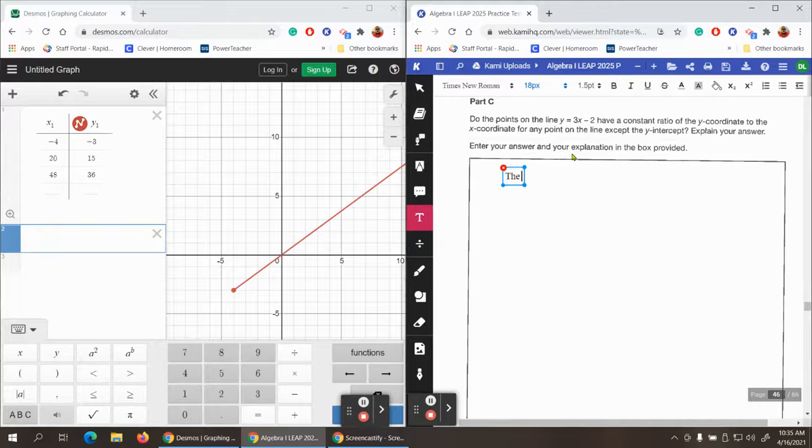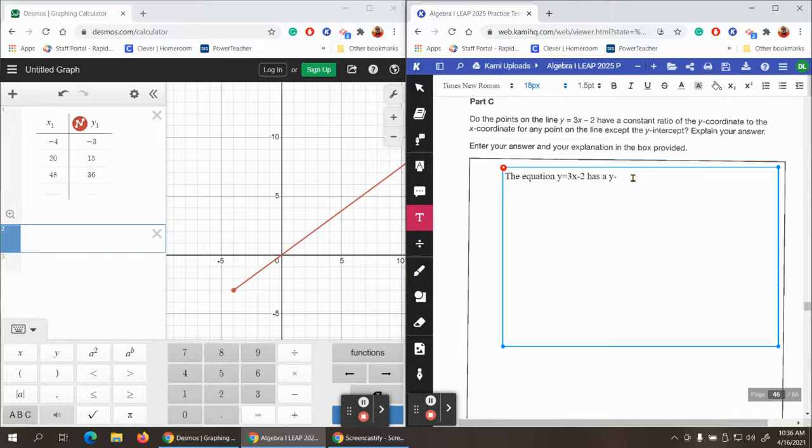So, I mean, you can already look at it and see that the equation y equals 3x minus 2, let me go ahead and just zoom this out too. It has a y-intercept of -2, so the line will not pass through the origin.